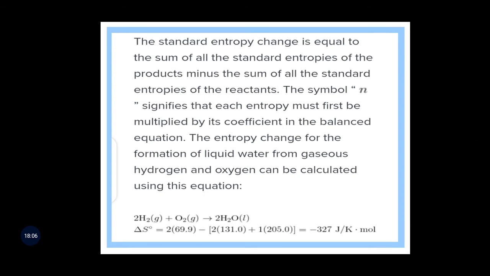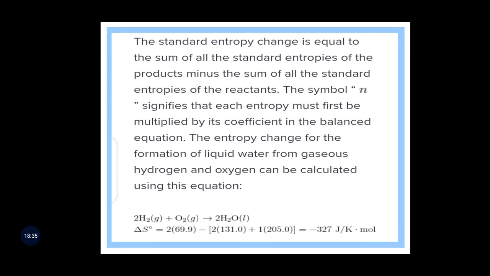Now, the standard entropy change is equal to the sum of all the standard entropy of the product minus the sum of all the standard entropy of the reactant. We are still talking about the previous formula in the last slide. So the symbol small n signifies that each entropy must first be multiplied by its coefficient in the balanced equation.